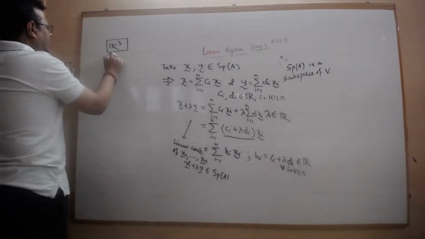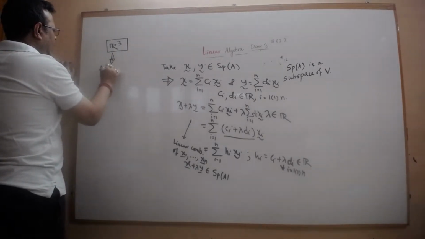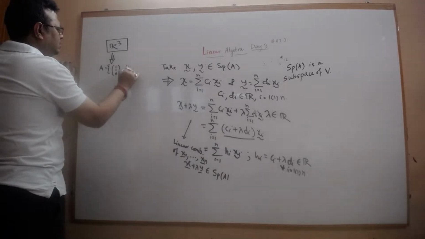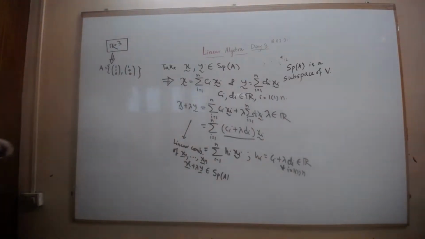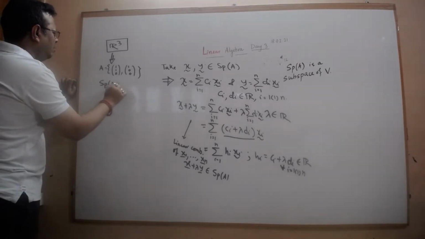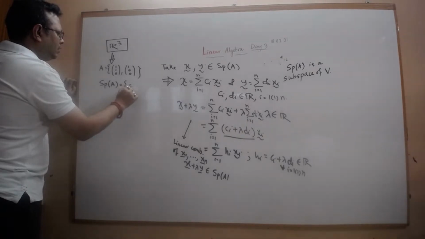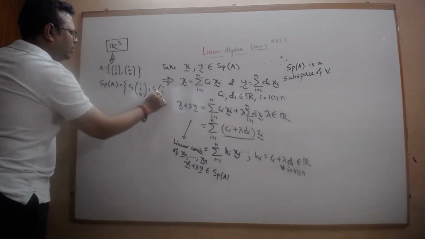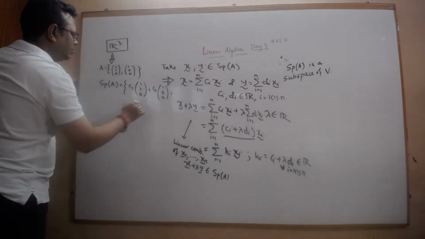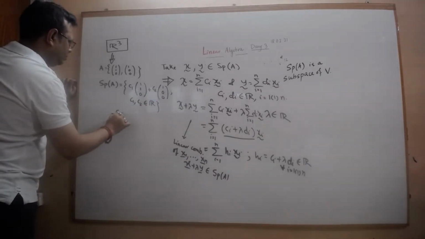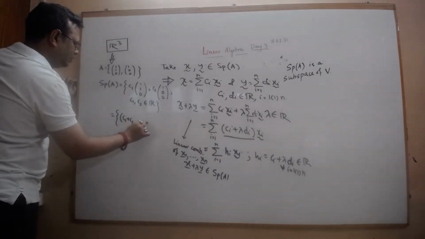If I take any two vectors from R cube, say (1, 1, 0) and (1, 0, 0), then span A is a linear combination of these two vectors, C1(1, 1, 0) plus C2(1, 0, 0). So this is (C1 plus C2, C1, 0).